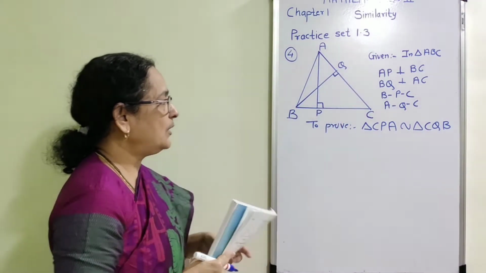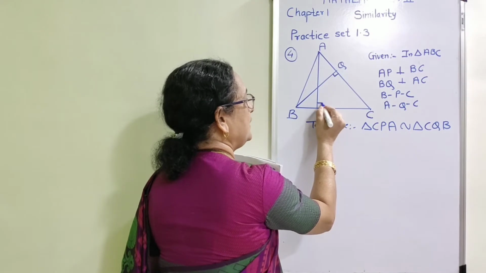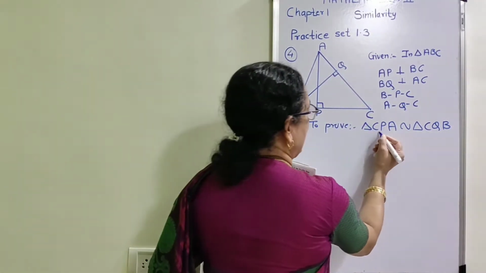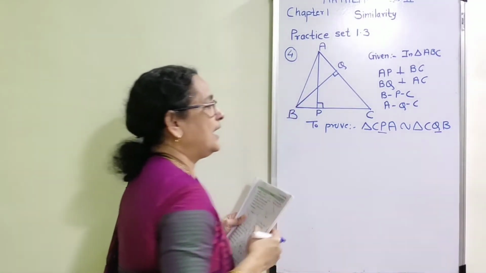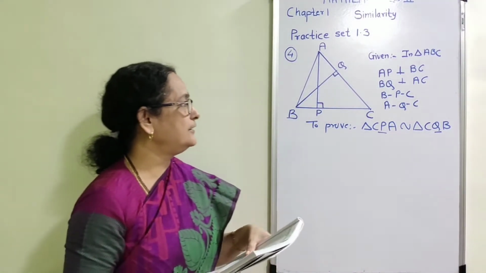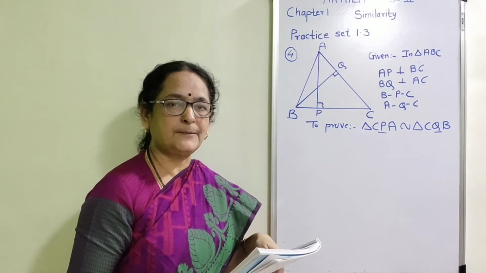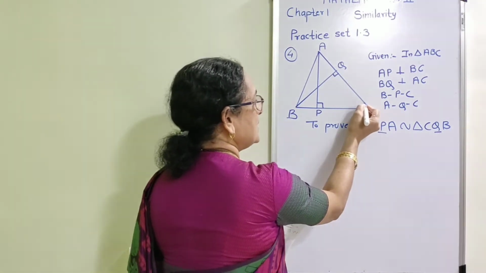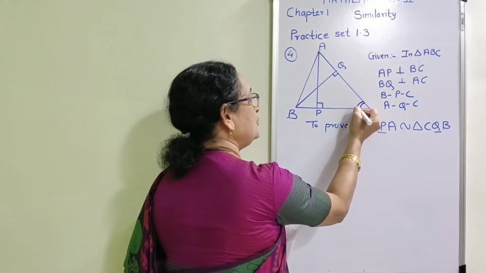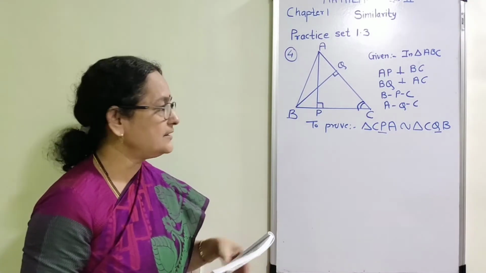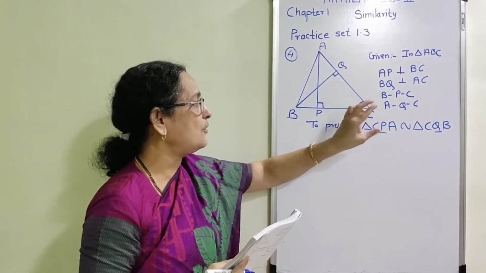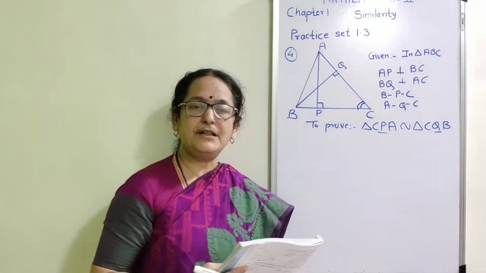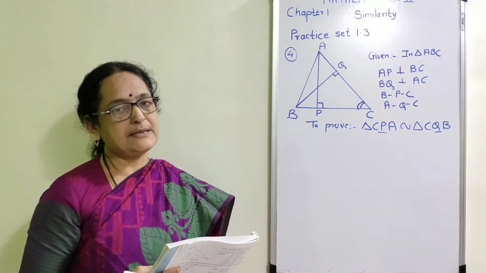Here one pair of angles is already given as congruent to each other, that in both the triangles angle P as well as angle Q are each 90 degrees, and therefore these two angles are congruent to each other. Now find out the second pair. Here we can easily find out that angle C is common to both the triangles, and therefore this is also the second pair of congruent angles, and therefore these two triangles are similar to each other by AA test of similarity.